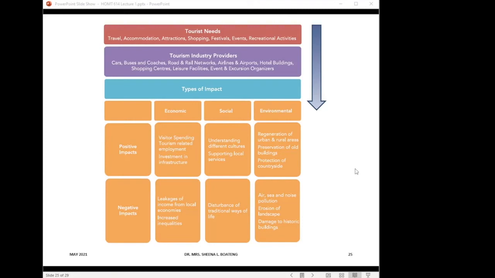Yeah, it amounts to a total disturbance of the traditional ways of life of the people. It's actually considered to be disrespectful, right? And that is a direct implication of tourism, leaving your environment to go to another person's environment and disturbing it in that manner, which amounts to a negative impact.